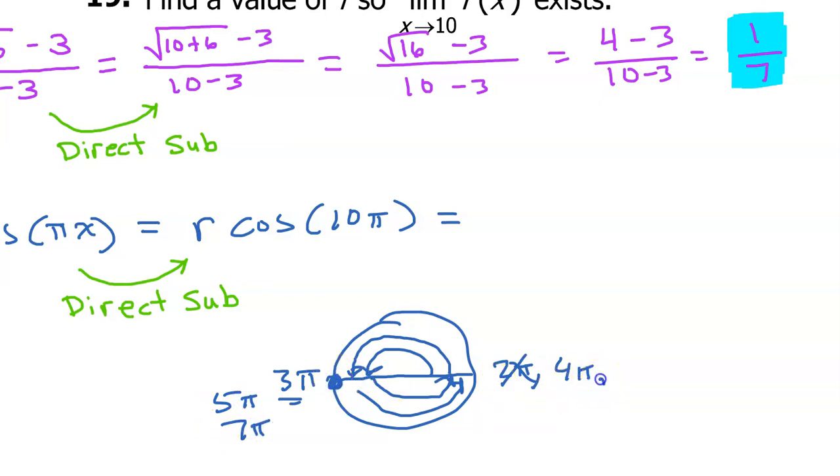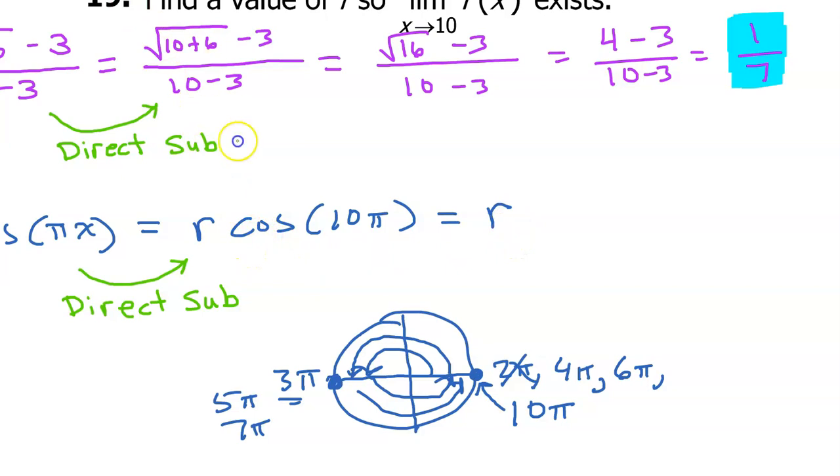Meanwhile, all of the even multiples of pi, 4 pi, 6 pi, or the most relevant case, 10 pi, will all land you on the right-hand side of the unit circle. So 10 pi is going to be right here, where the x value is 1 on the unit circle. So cosine is 1. So this is going to become simply r.